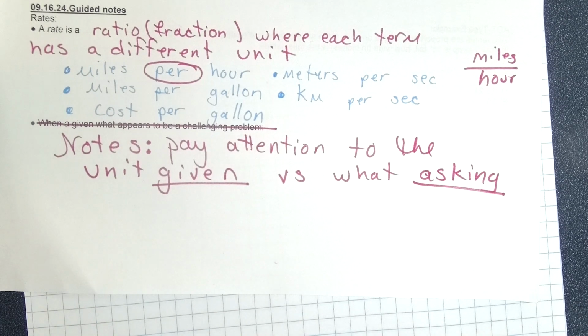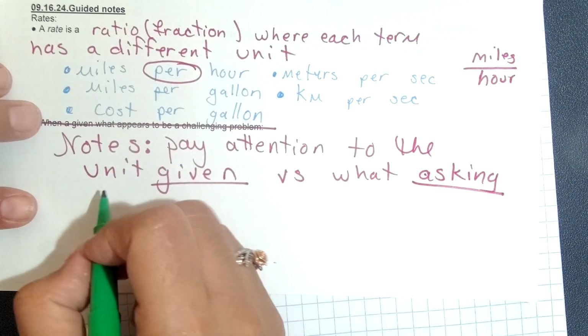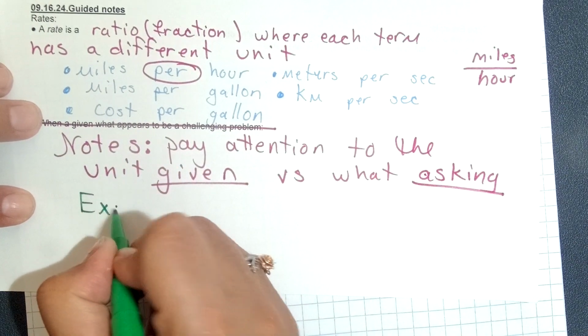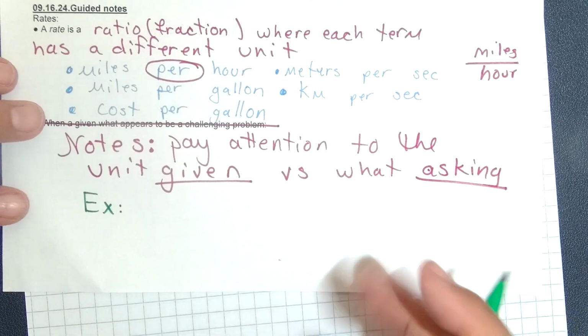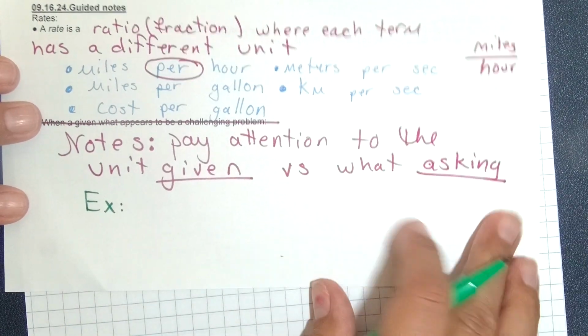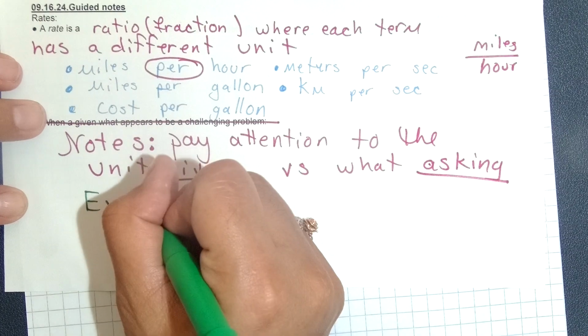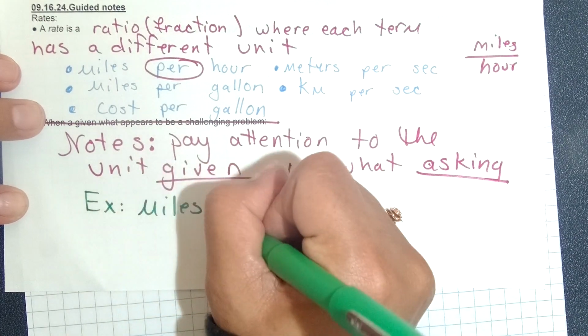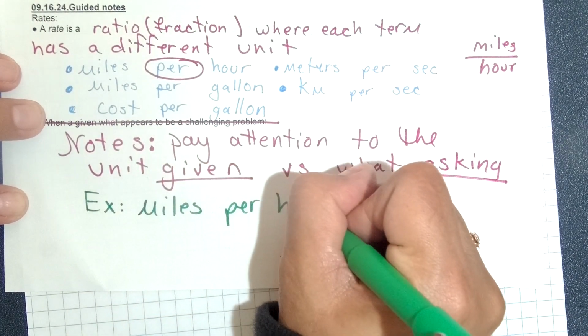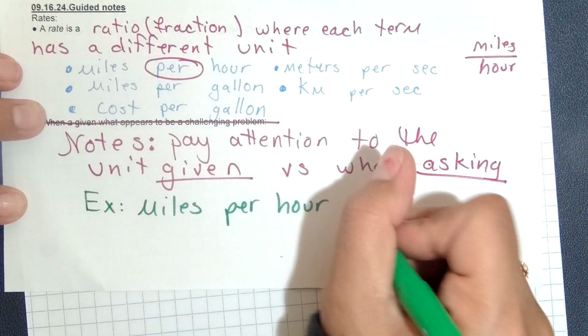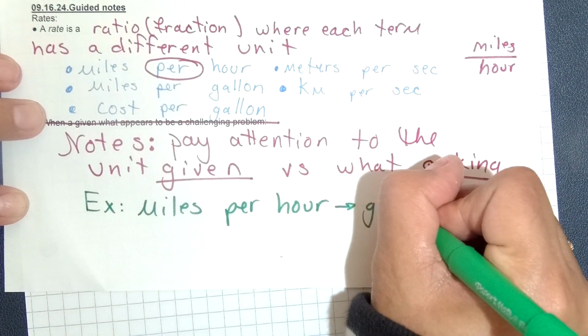When you're going over these problems, you need to look. For example, they might say a rate as, I don't know, let's say miles per hour, right? They might give you this rate.